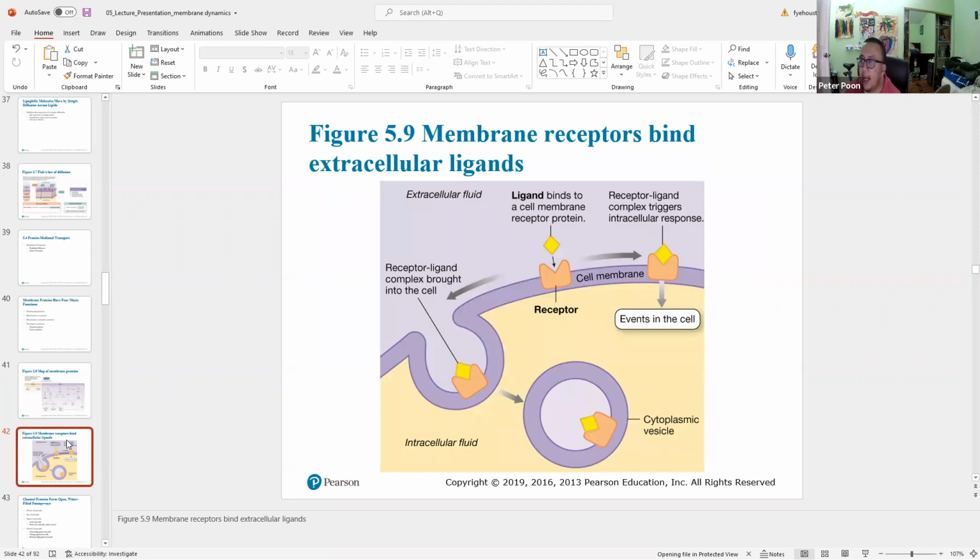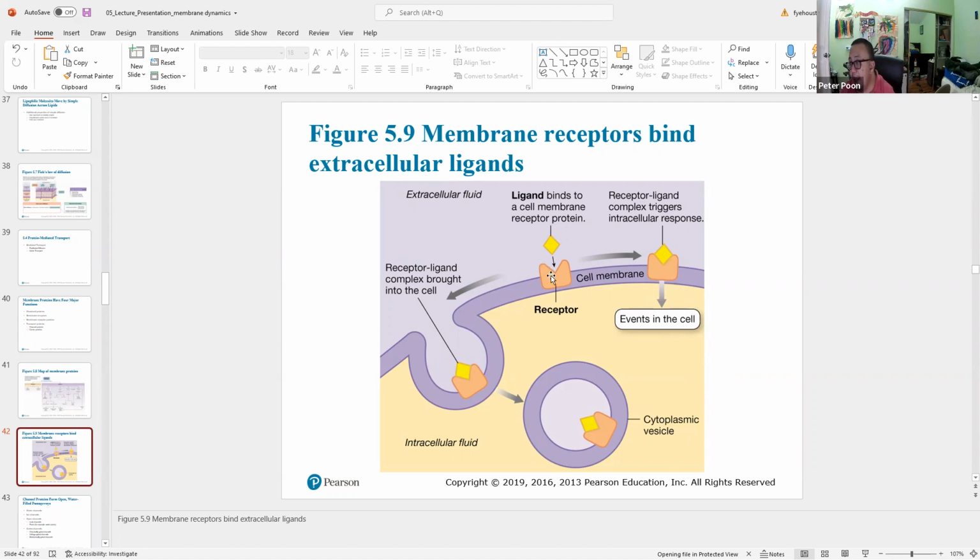So the ligand binds to a cell membrane receptor protein right here. The cell membrane receptor can do one of two things. It can trigger a direct reaction, like there'll be enzymes underneath here that cause a slight change, and that change will cause these enzymes to go off and cause some events to happen in the cell.